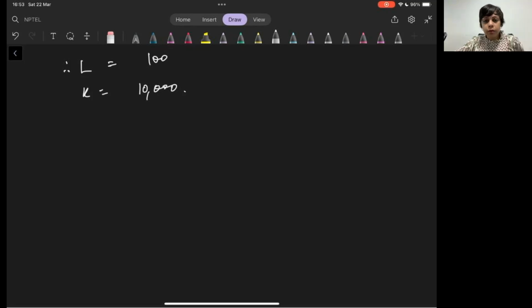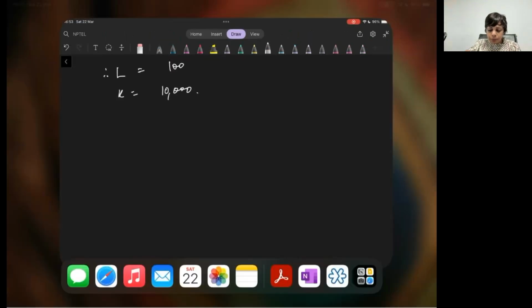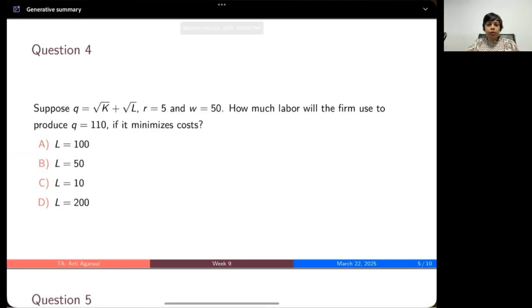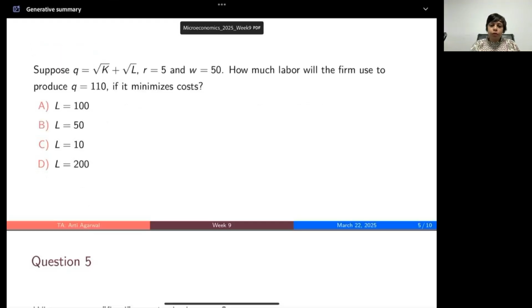This is the process we're going to use most of the times unless some question is really weird, but that's the general process you use. Otherwise, you can always go for something like the Lagrange method for optimization. But these are relatively simpler questions, so you don't really need to use Lagrange, etc.